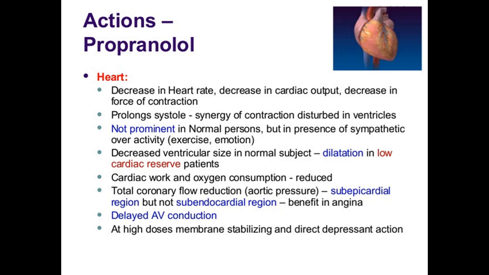Ventricular size is decreased in normal subjects, with dilation in patients with low cardiac reserve. Cardiac work and oxygen consumption are reduced, and total coronary flow is reduced. At high doses, membrane stabilizing and direct depression action are also observed in the heart.